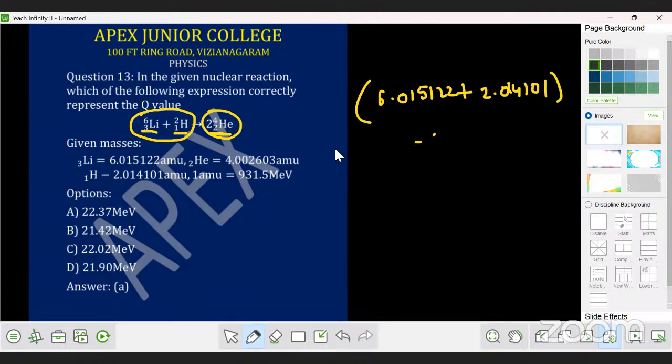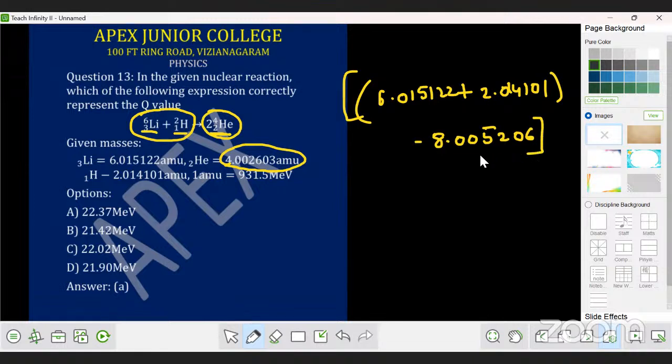What is that? 2 helium. For 1 helium, this is the mass. For 2 helium, you have to write the double of this value. Double of this value will be 8.005206. And this is the difference of total mass.